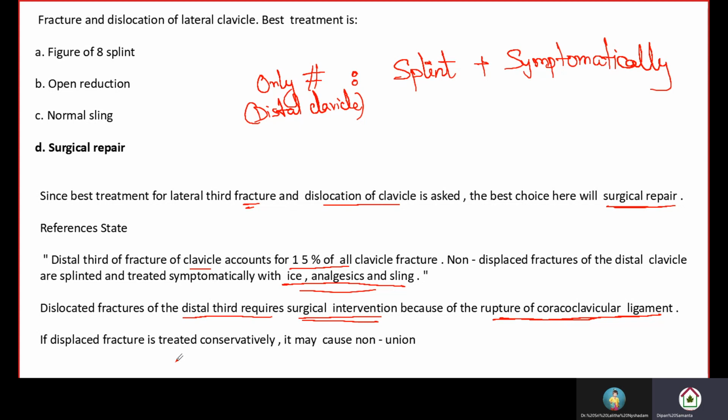There will be no proper union of the two broken ends. So in this case, we need to go for surgical intervention, surgical repair, due to the fact that there may be rupture of coracoclavicular ligament.